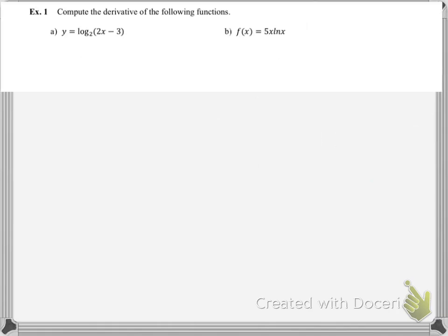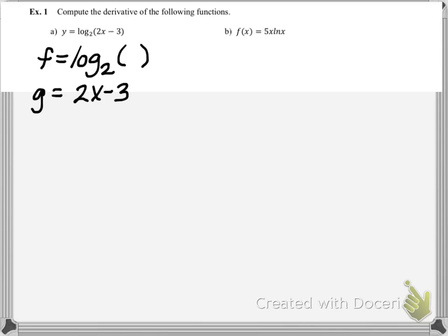Now let's use these two new derivative rules to practice finding the derivatives of these logarithmic functions. So question A is y equals log base 2 of the quantity 2x minus 3. And we'll notice that this is a composite function. So our outer function is log base 2 of some unknown function, and our inner function is 2x minus 3.